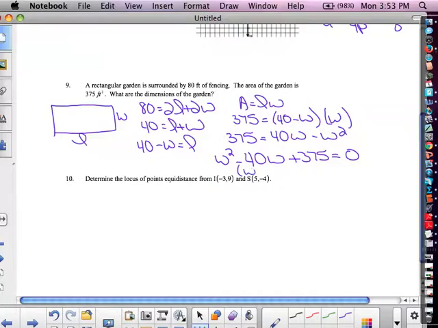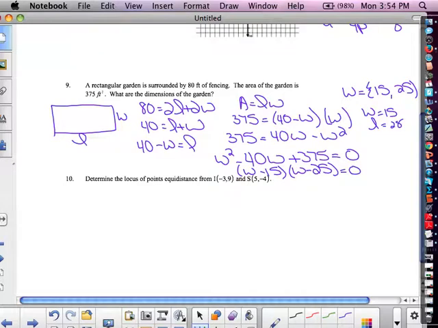And it is. (W minus 15) times (W minus 25) is equal to 0. So W is equal to either 15 or 25. So those are the dimensions of the garden. Width can be 15, and then length would be 25, or the other way around.